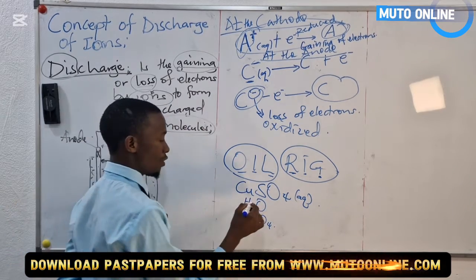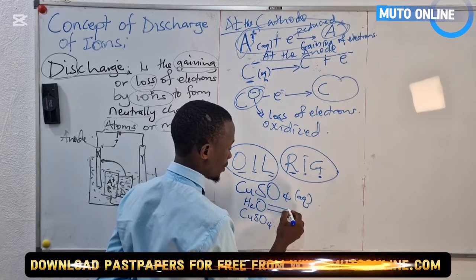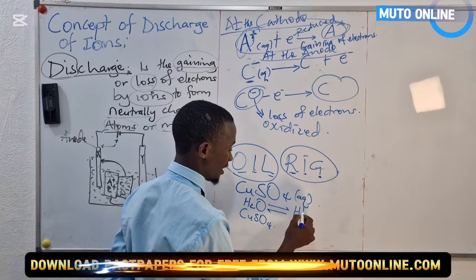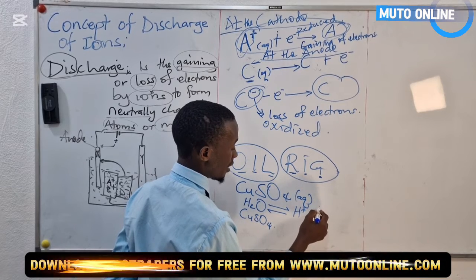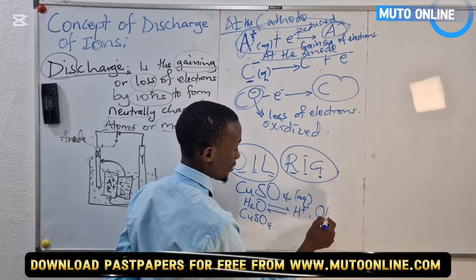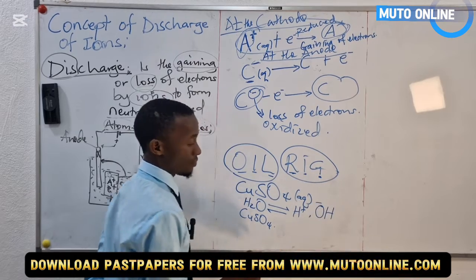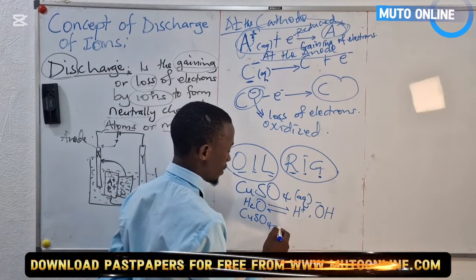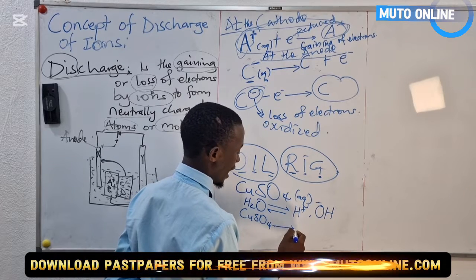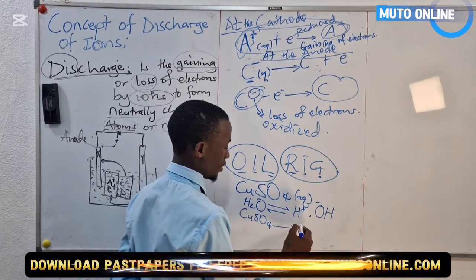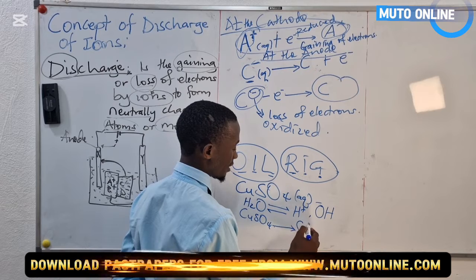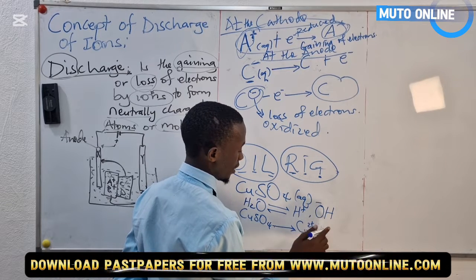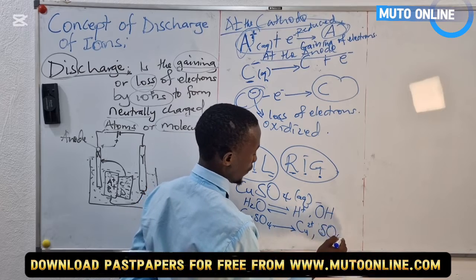In the previous video, we saw that the water undergoes partial ionization to give hydrogen ions and hydroxide ions. And then the copper sulfate, being a strong electrolyte, will undergo complete ionization to give copper 2 ions and sulfate ions.